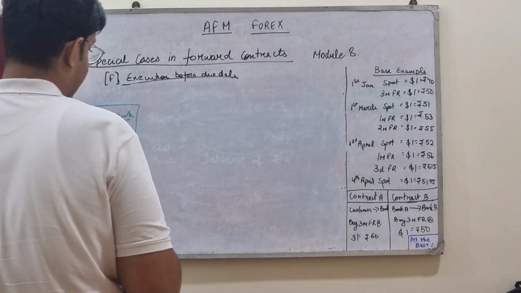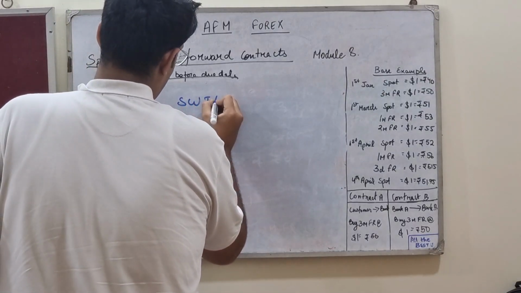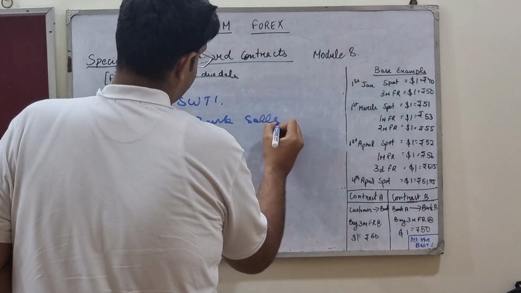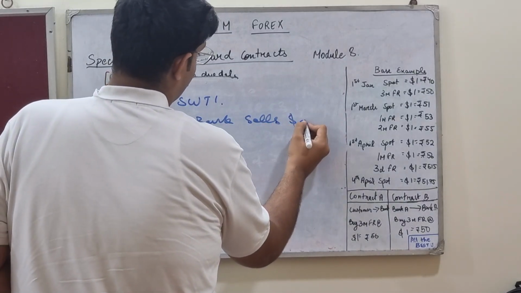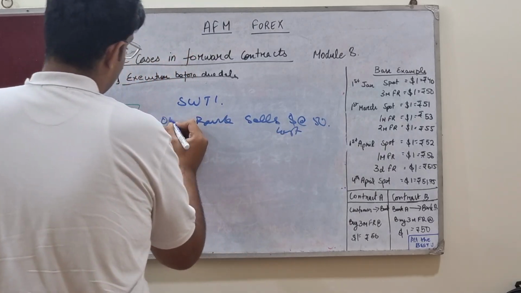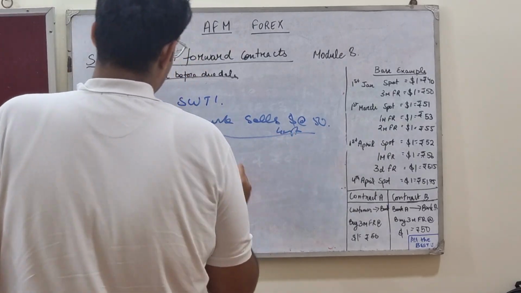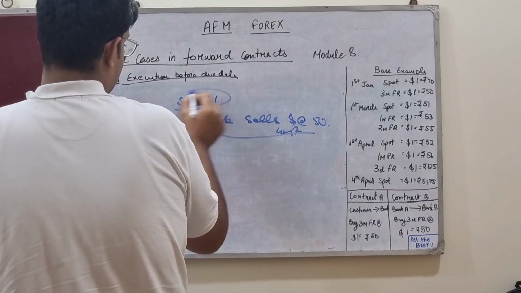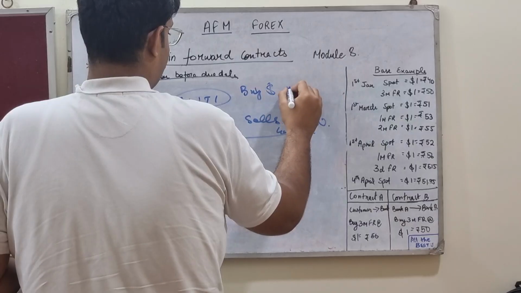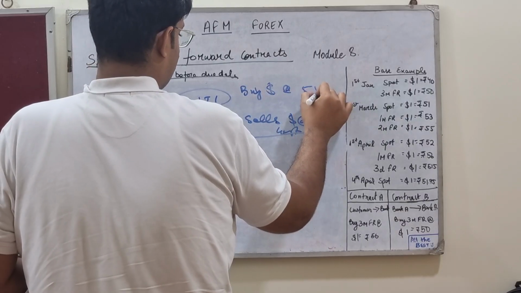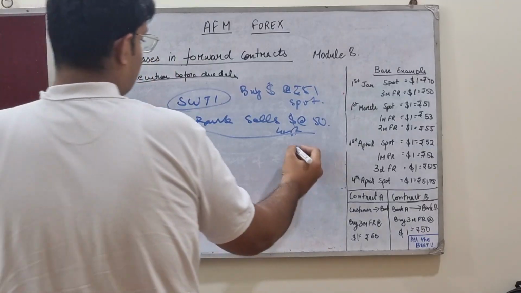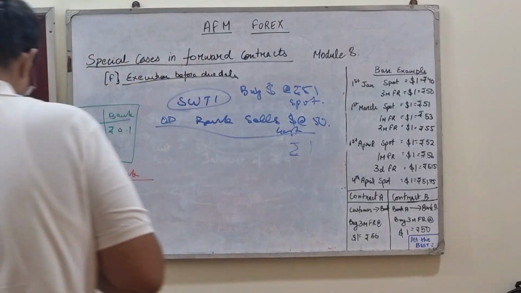Now if you see swap transaction 1, bank sells dollar at 50 to customer, right? That is original contract, sorry, original position. And then to cancel it, it enters into swap transaction 1, which is buy dollar at 51, which is the spot rate, right? So the bank is incurring a loss of rupees 1. Let's put it here.